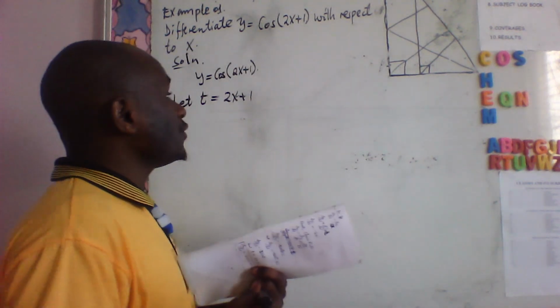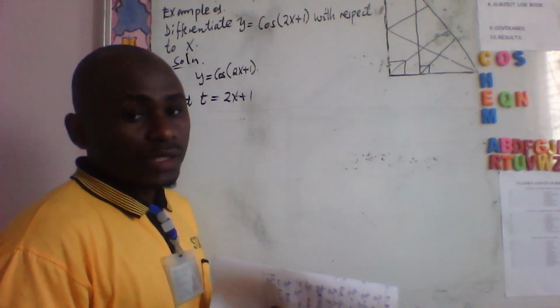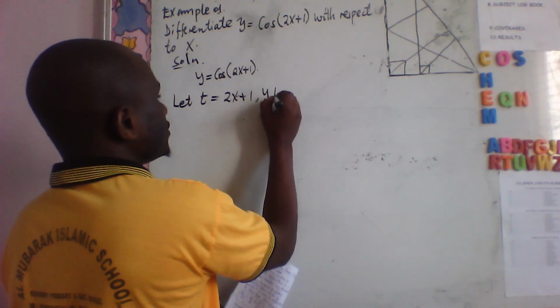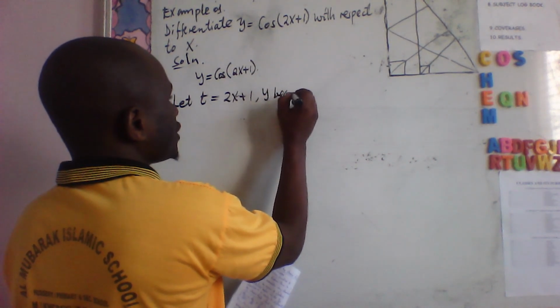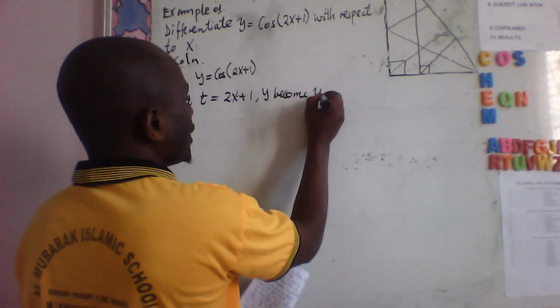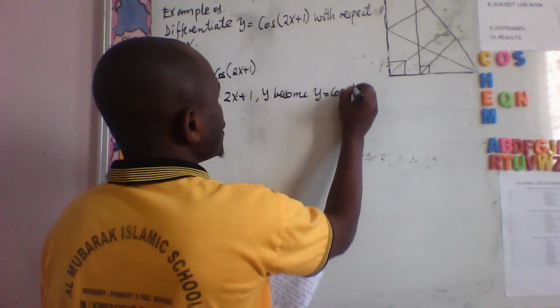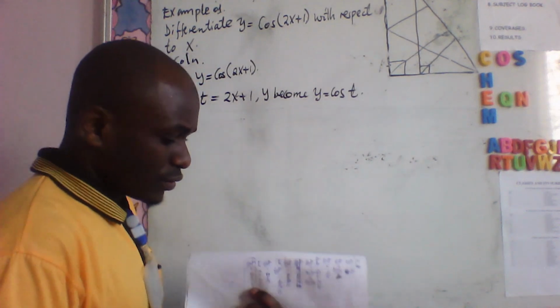If t is equal to 2x plus 1, then the function becomes y is equal to cos t.